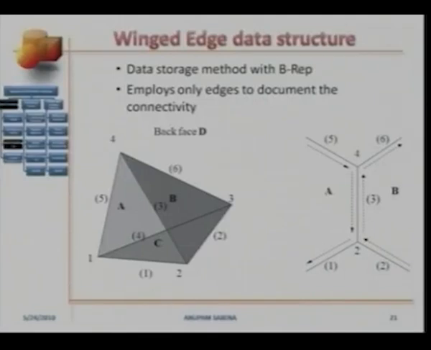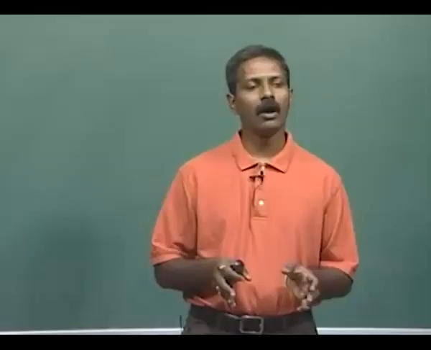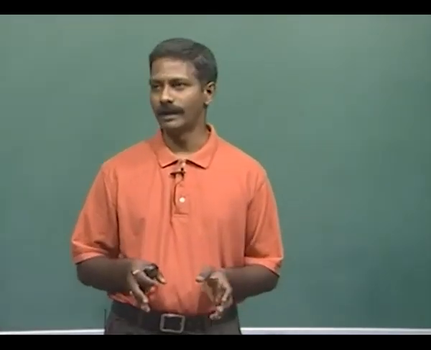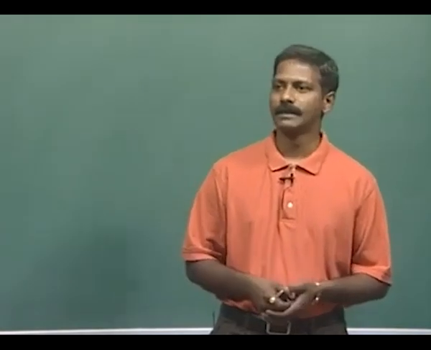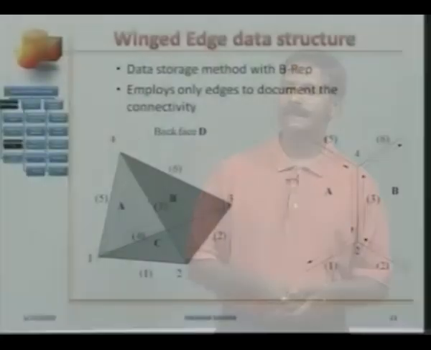To take care of that, in the BREP approach, we had discussed something called the winged edge data structure. Here, we associated two faces with the base edge, and we stored all pertinent topological information for the base edge. In this example, the base edge was 3.